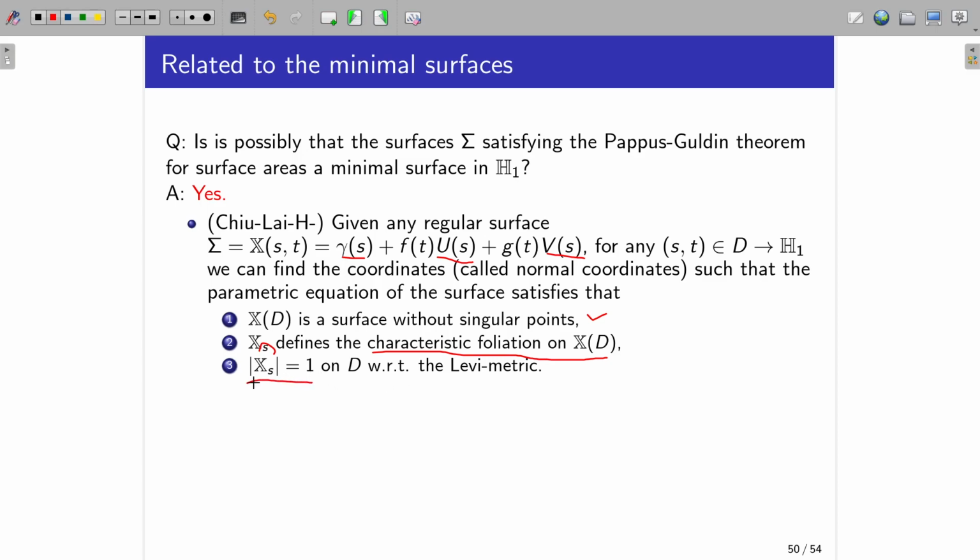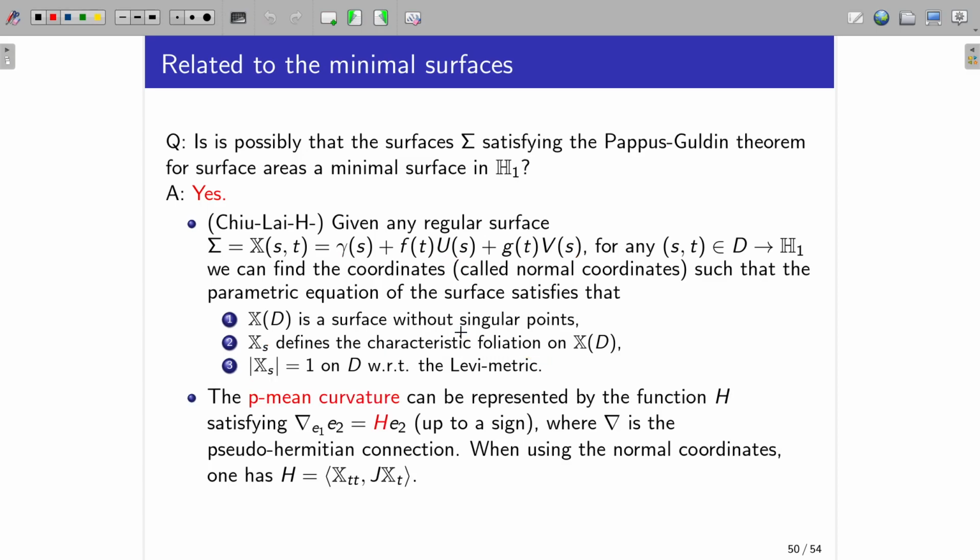Those integral curves are parametrized by our horizontal arc length. And in this case, the P mean curvature can be represented by the function h, satisfying the pseudo-Hermitian connection E1, E2. H actually is like a weighted function in front of the normal, the P normal vector.